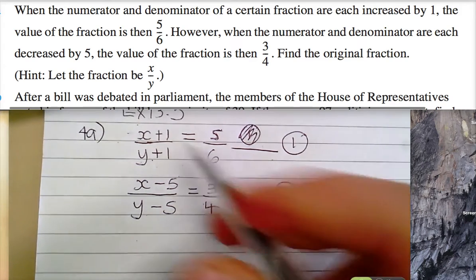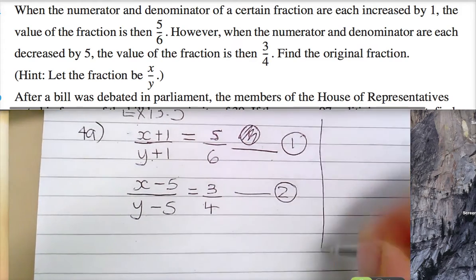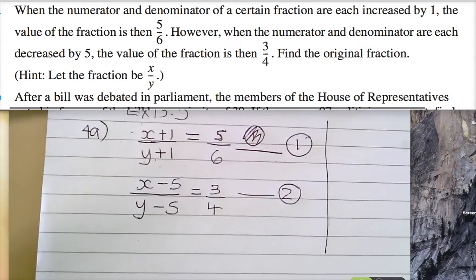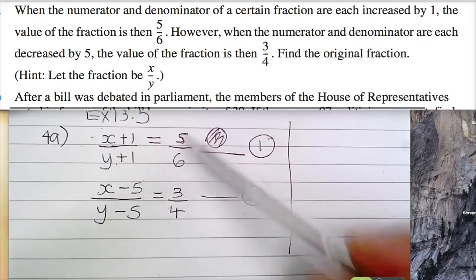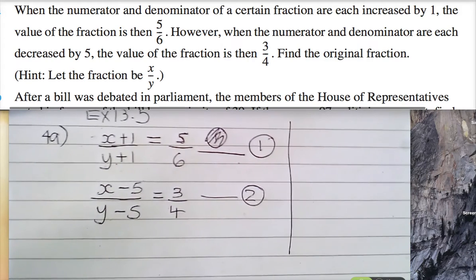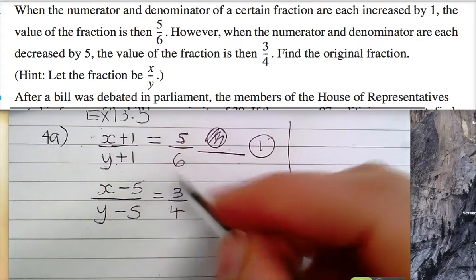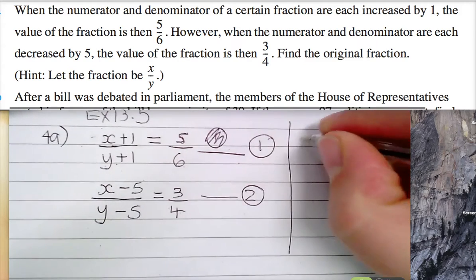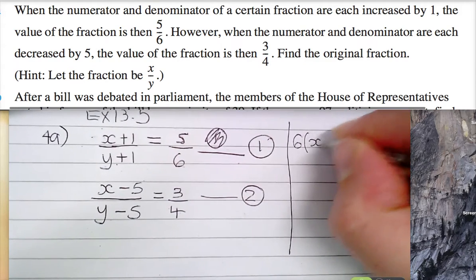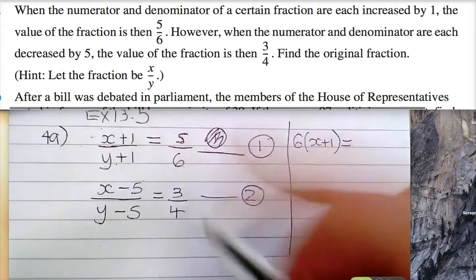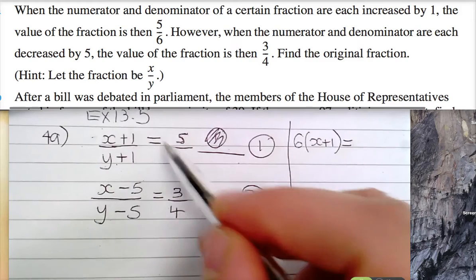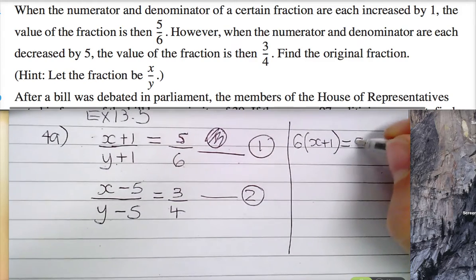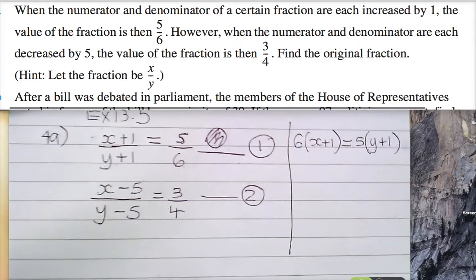I'm going to work on equation 1 again. Does that look like fraction equals fraction? Yes. Cross multiply. Fraction equals fraction means cross multiply. So it's 6 times x plus 1 equals 5 times y plus 1.